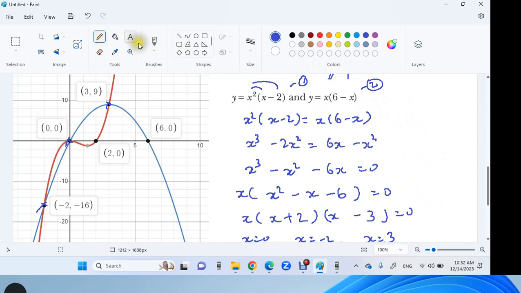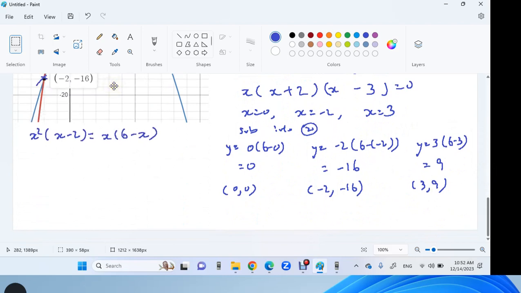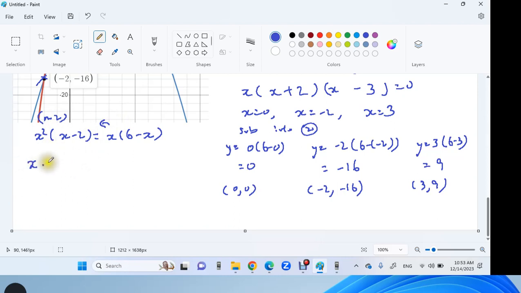I want to show you something interesting. If you are good in algebra, actually you no need to expand. What is shown in the textbook is something like this. They move this to the front. So we have x squared times (x minus 2) minus x(6 minus x) equal to 0.